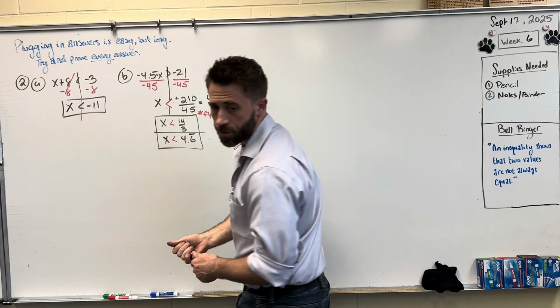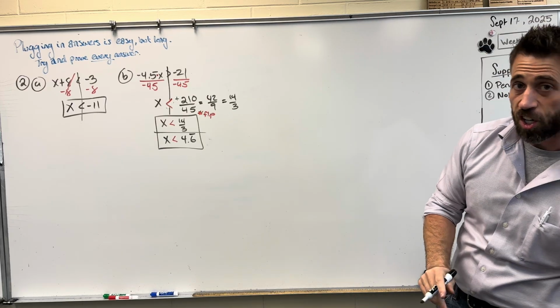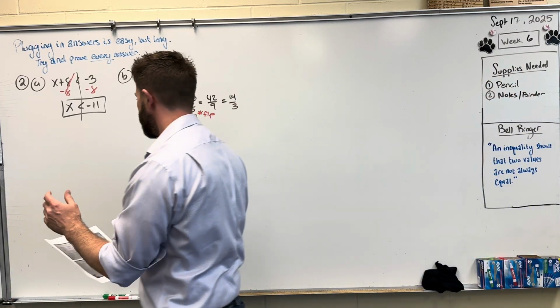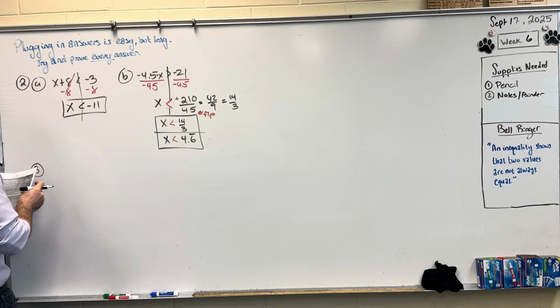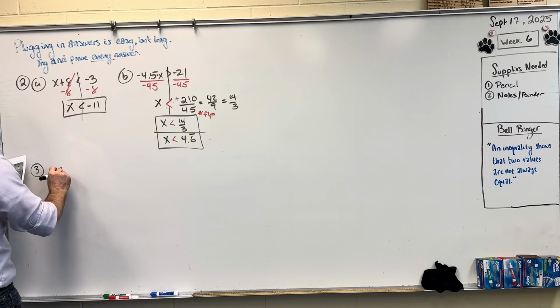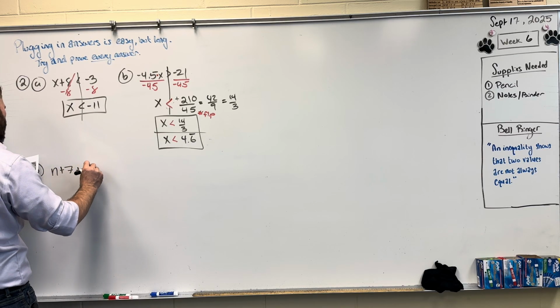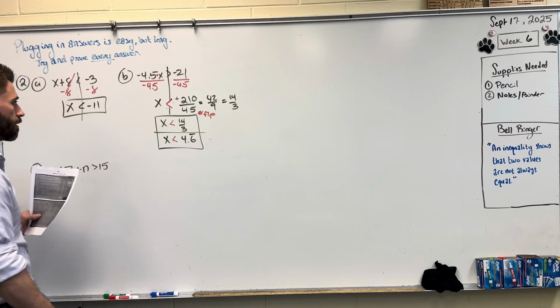Okay. So we've got 3 more problems that I want to make sure we're comfortable working before we jump into the last little tidbit. So number 3 is n plus 7 plus n is greater than 15.